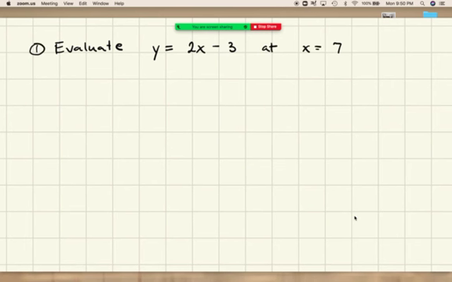Evaluate this function when x equals 7. All that means is plug in 7. So I would take this, y equals 2, replace the x with parentheses, minus 3, and then put the 7 in there.